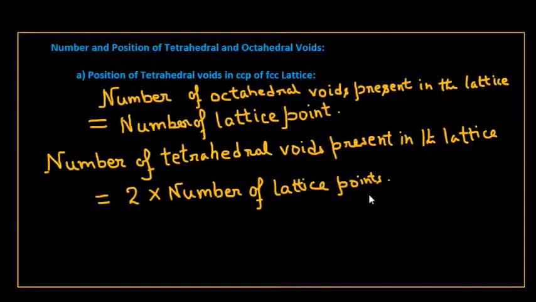It means that there are 4 atoms in each small cube, which form a regular tetrahedron when joined together. In this tetrahedron there is a tetrahedral void. In the whole, there are 8 tetrahedral voids in all the 8 tetrahedrons. Hence, we conclude that the number of tetrahedral voids is double the number of lattice points.